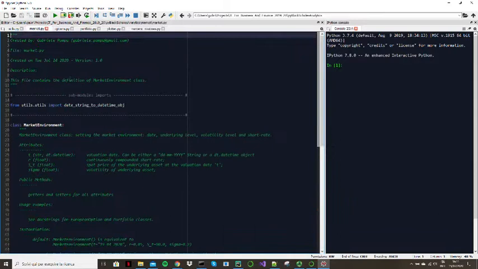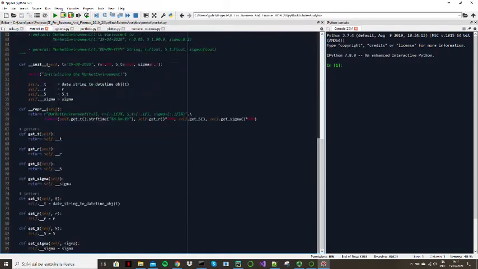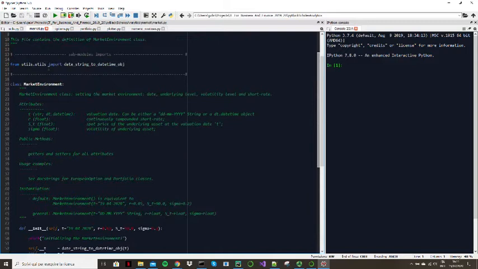Then here is the market environment class, which basically implements the idea of separating the concept of a market environment from the concept of financial contracts.